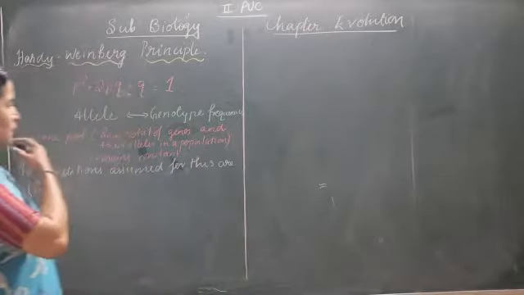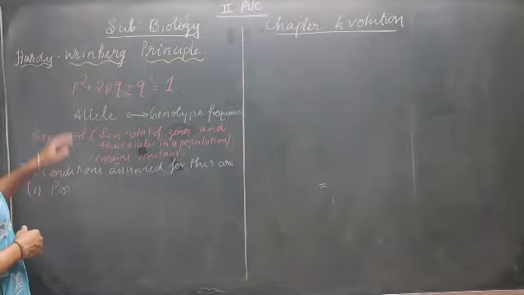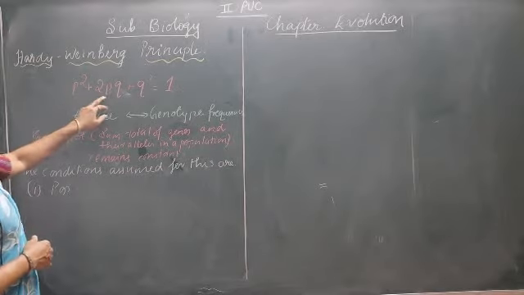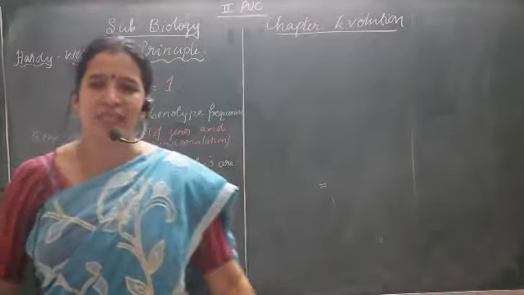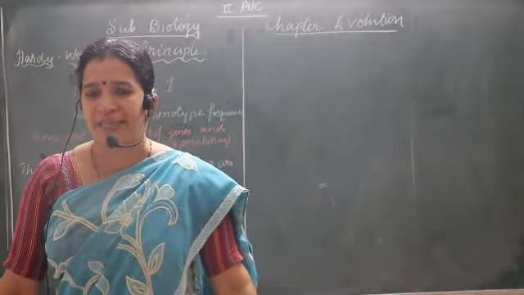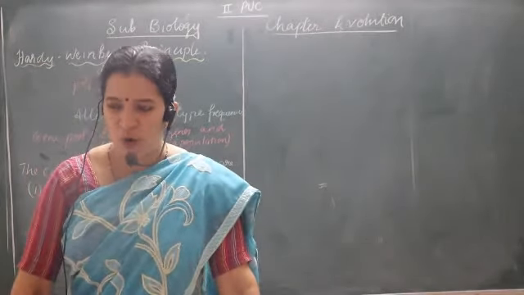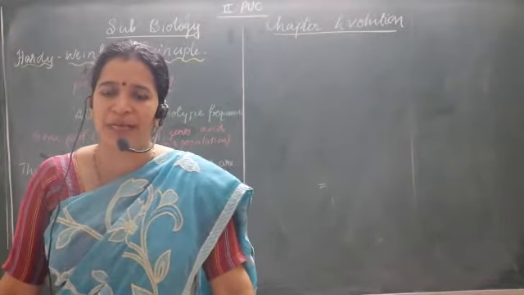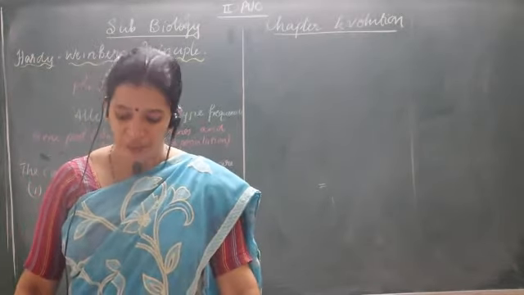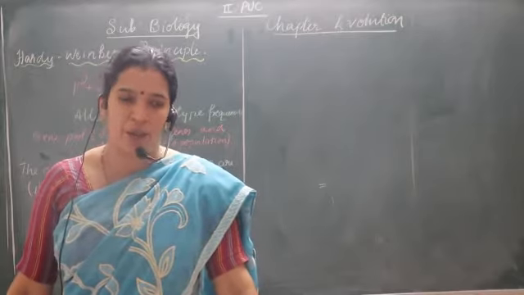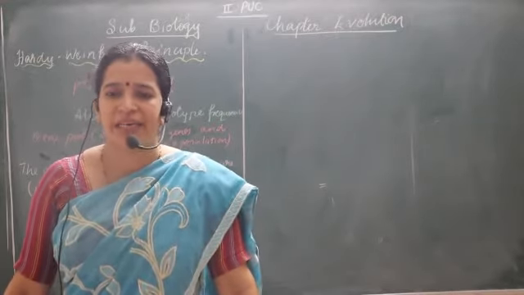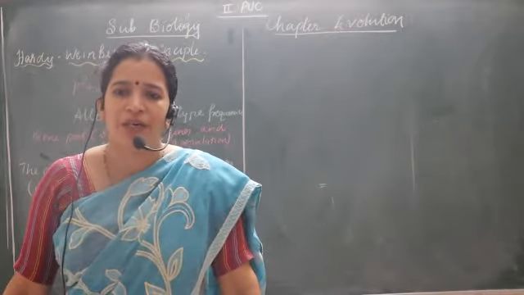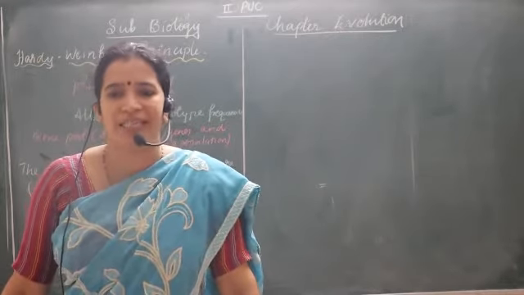Next, the equation states that p square plus 2pq plus q square is equal to 1. Remember, this is a part of population genetics. In the last video, I told you that population genetics means the study of the frequency of genes in a population.